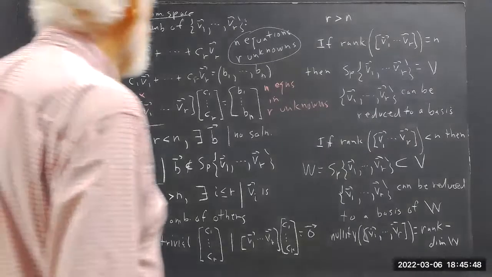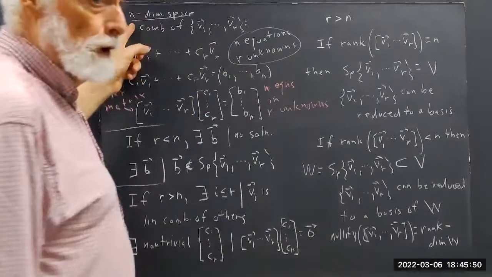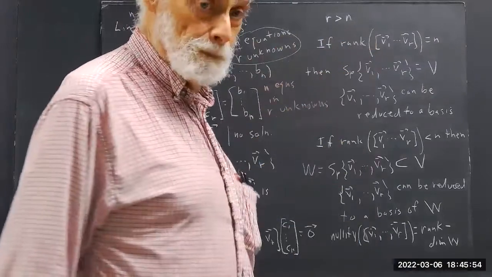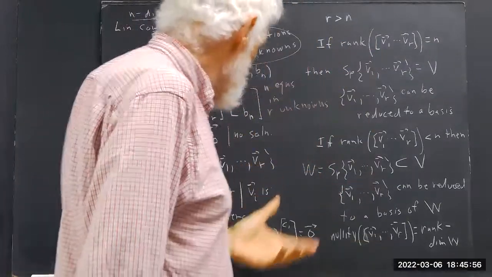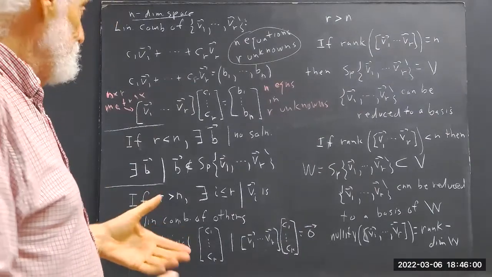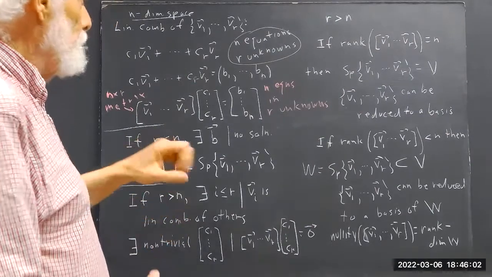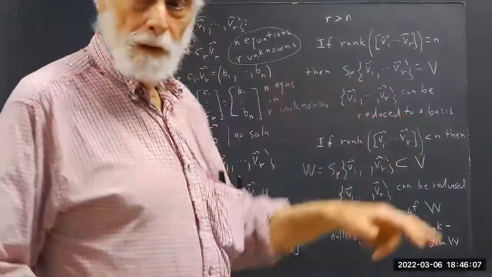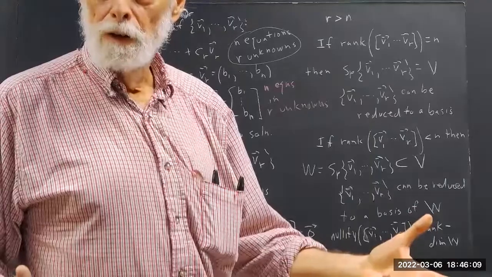Okay, now, again, still talking about an n-dimensional space. Let's assume that R is bigger than n. Now, as we've seen, this means that this set of vectors, V1 through VR, is not linearly independent.